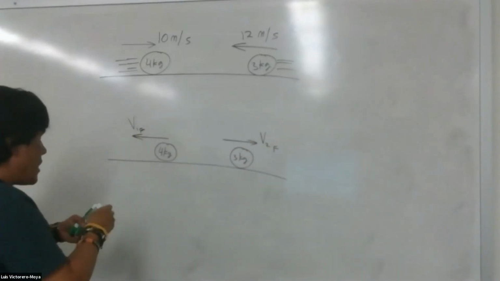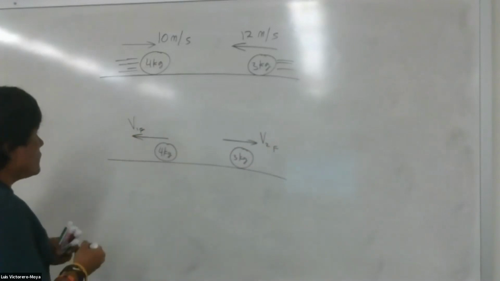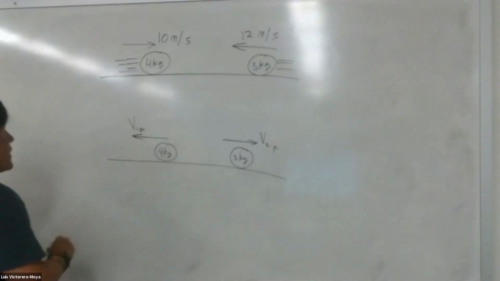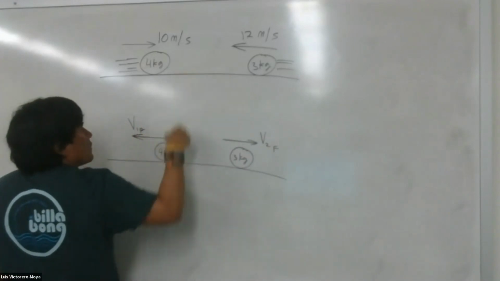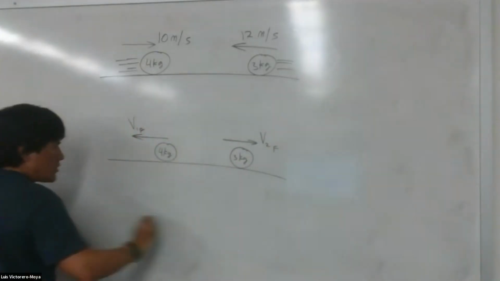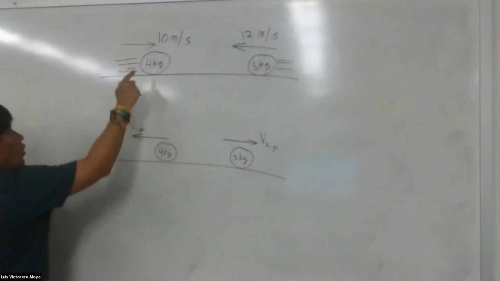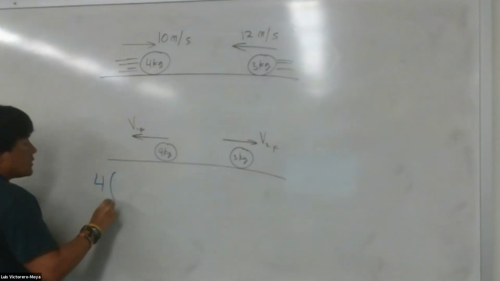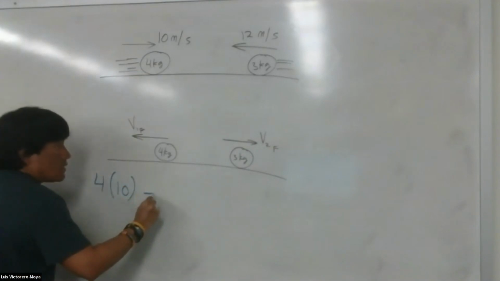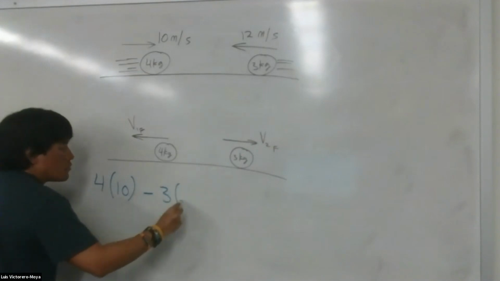It doesn't seem like you have enough information, but you do. The conservation of momentum is an easy one. So this is before, after, right? Let's put here the conservation of momentum. Momentum initial will be 4 times 10, positive 10, minus 3 times 12.